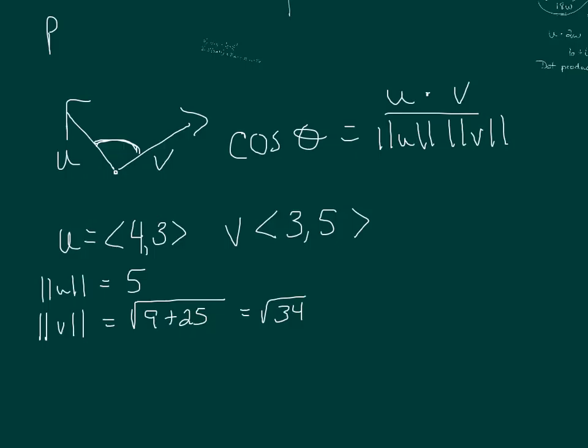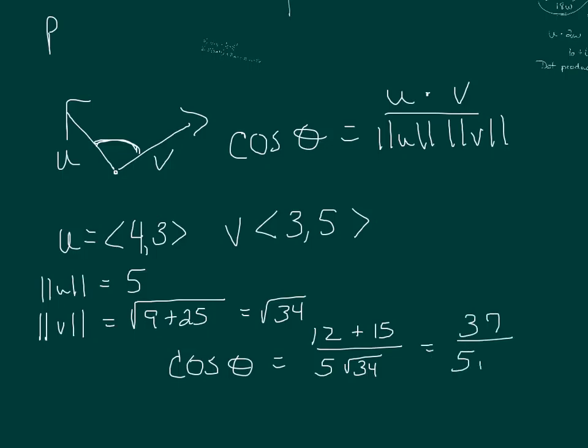So to find the angle between the two vectors, we take the dot product, which is 4 times 3, 12, plus 15, over 5 times the square root of 34. Now you'll have to use the arc cosine on your calculator.